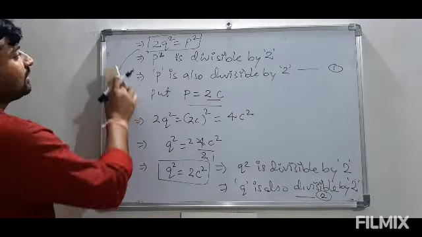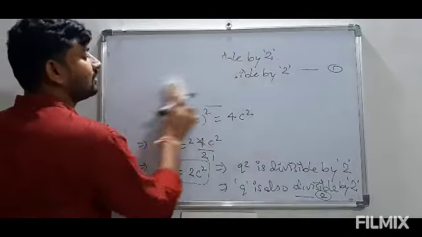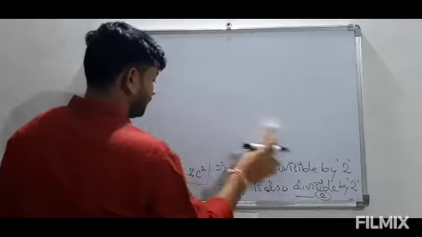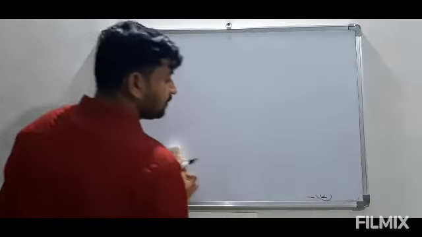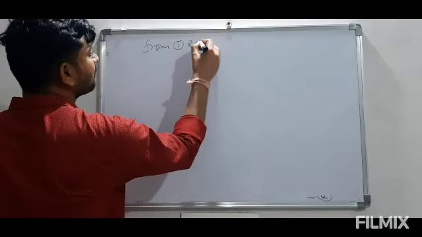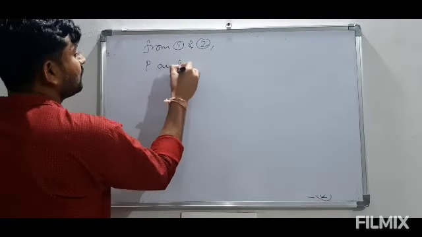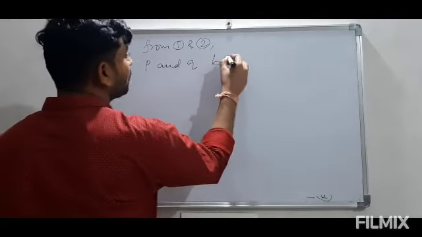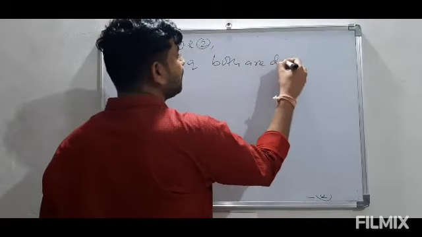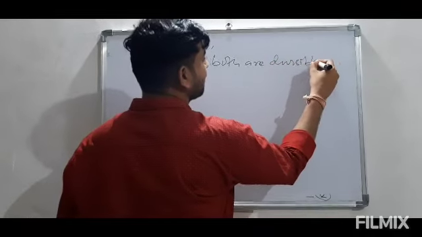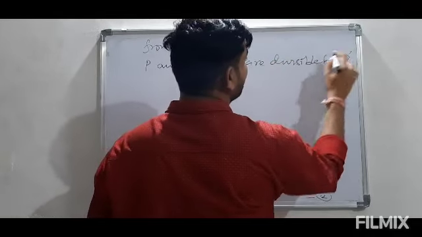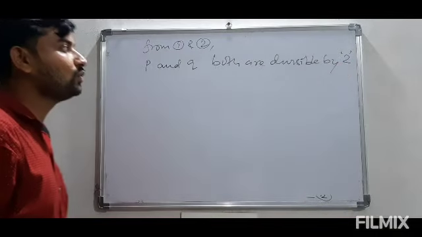So let us proceed. So clearly we can write from 1 and 2, P and Q both are divisible by 2. P and Q both are divisible by 2.